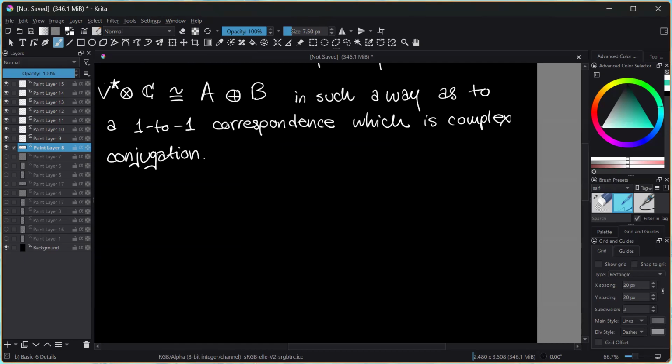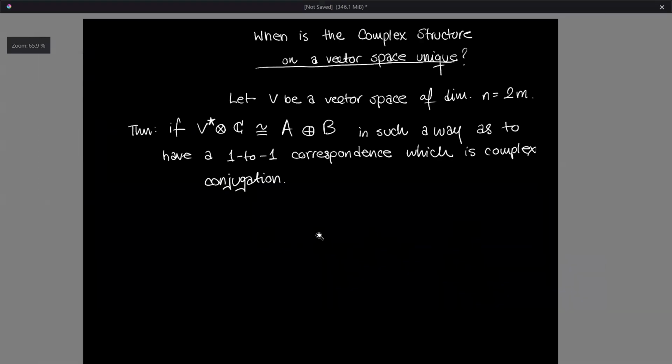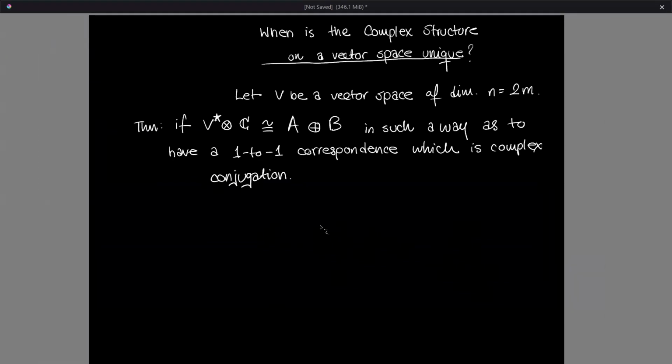Okay. I'm a little scared to turn off the screen, but maybe that will work. Okay, it's back. Good. All right then. Sorry for the interruption.